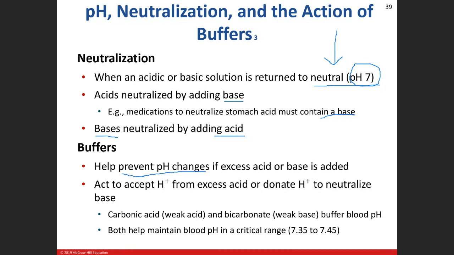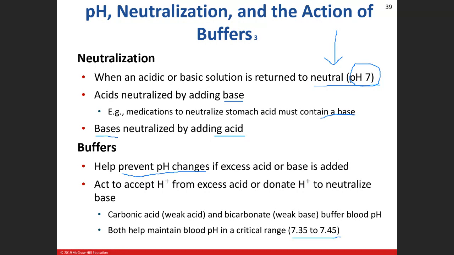The normal pH value in our body is in this range, 7.35 to 7.45. So basically 7.5 on average. The pH of your blood wants to stay within that value. So if it starts to shift in any one direction, your body has what they call buffers, to prevent that pH from shifting too much.